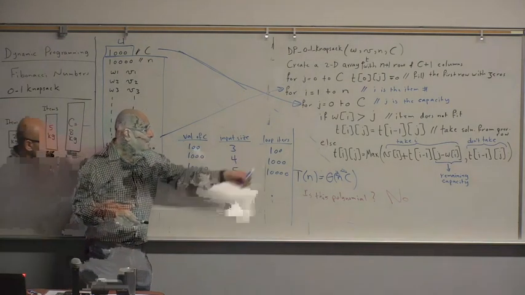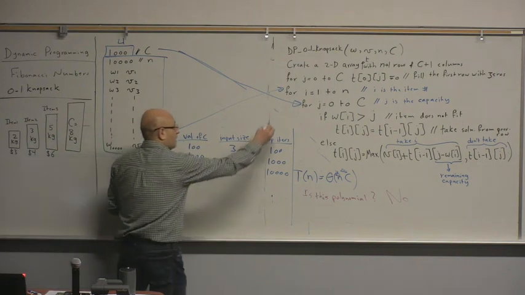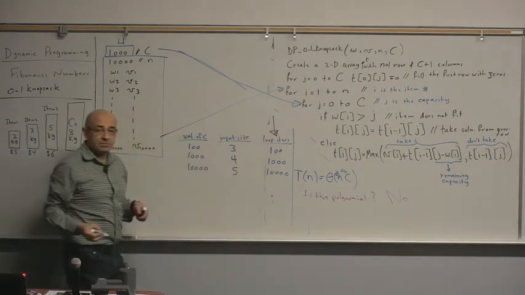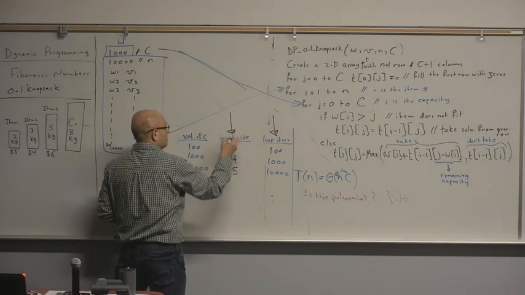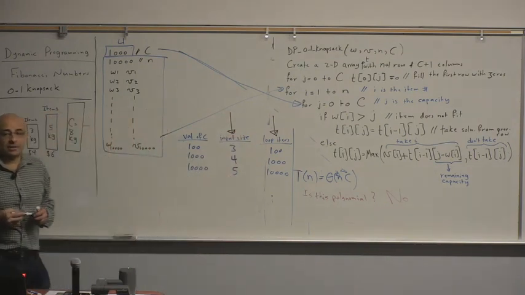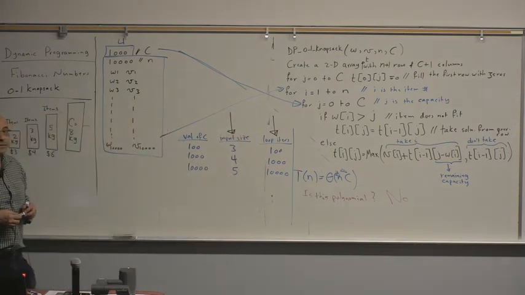So if you plot the numbers in this column versus the numbers on this column, what kind of function will you get? This is an exponential function.